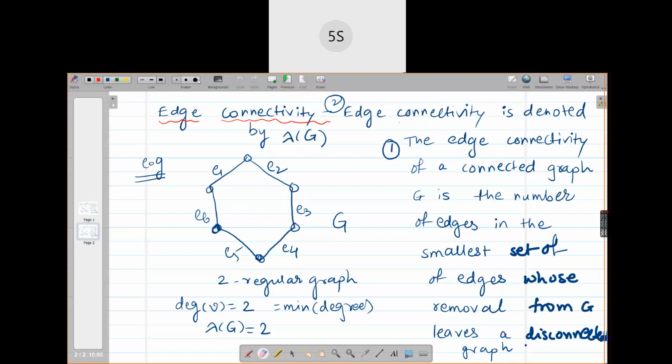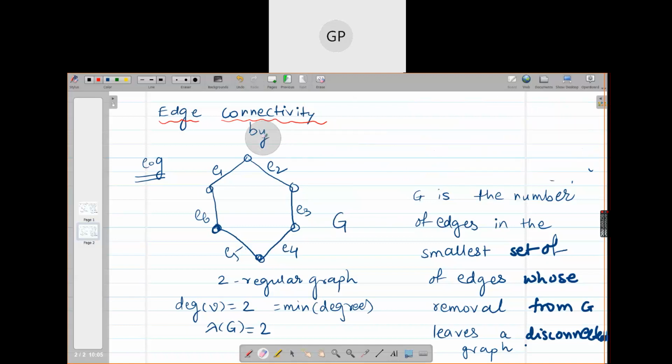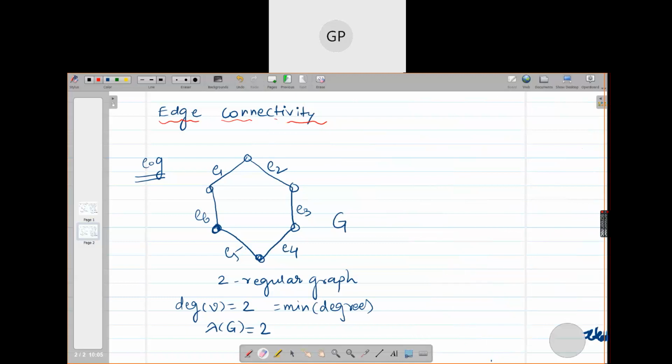Now we have to write the explanation for this example, why the edge connectivity of this graph is 2. So here you can write that G is a 2 regular graph, that is, the degree of every vertex is 2.